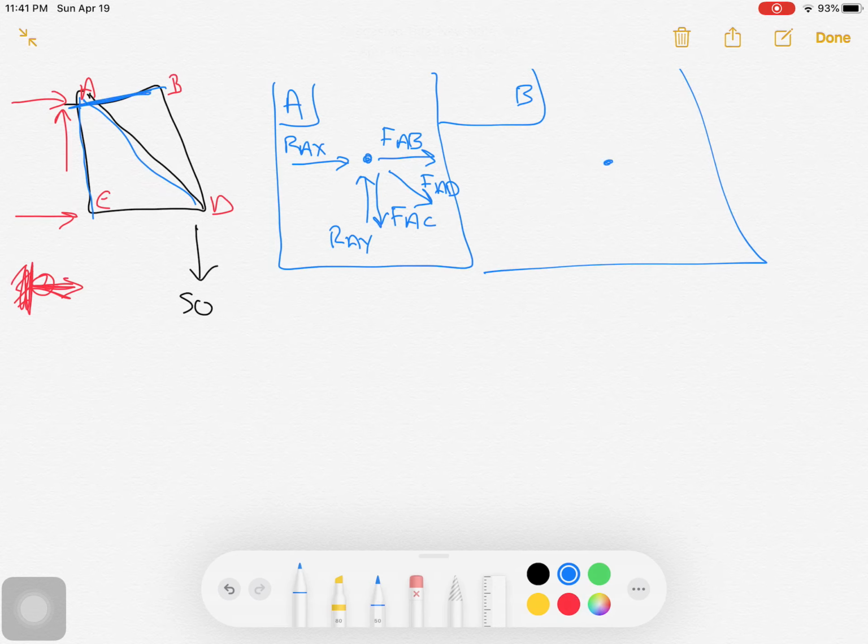So the only things on point B is member force AB, and B also connects to D, so force BD.